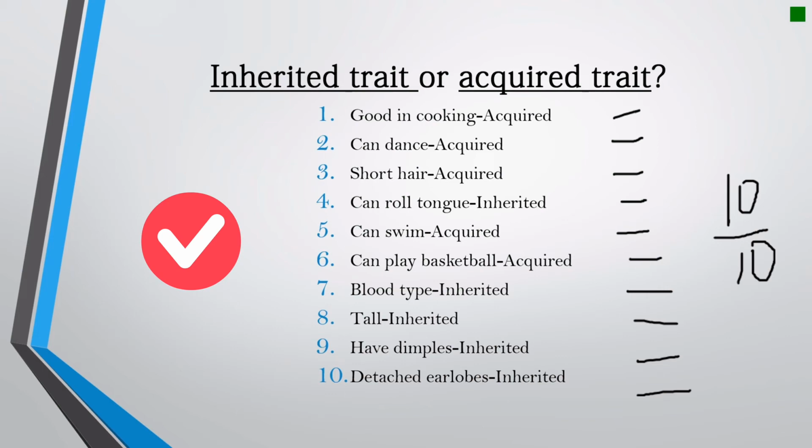Can play basketball is acquired. 7. Blood type is inherited. 8. Tall is inherited. 9. Have dimples is inherited. And 10. Detached earlobes is inherited.